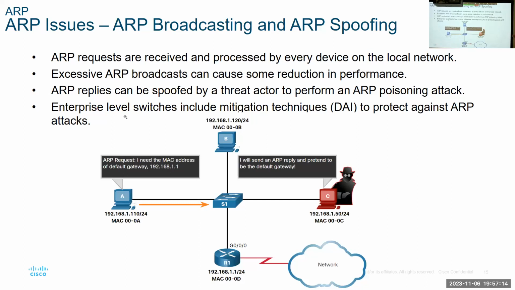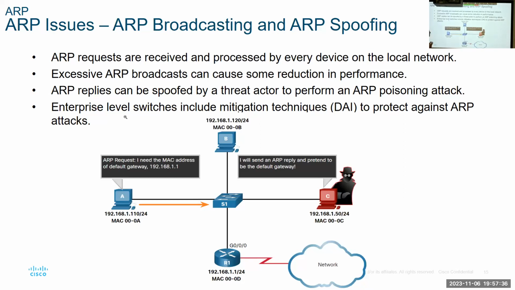Certain enterprise-level switches can mitigate ARP spoofing because the switch has a MAC address table and knows where all the MAC addresses are. If DAI, is that what it's called?